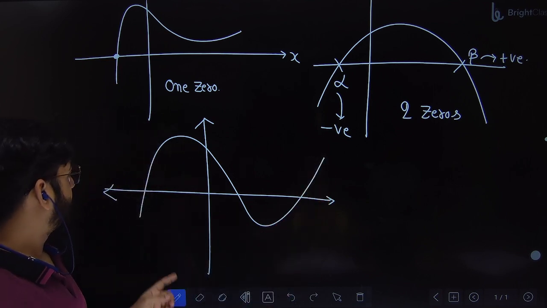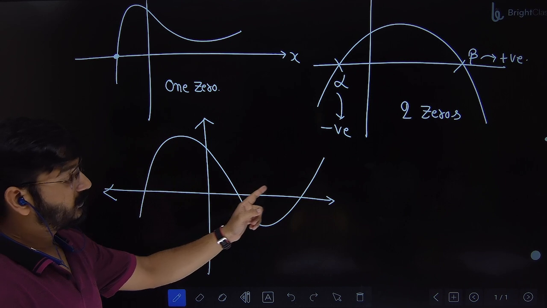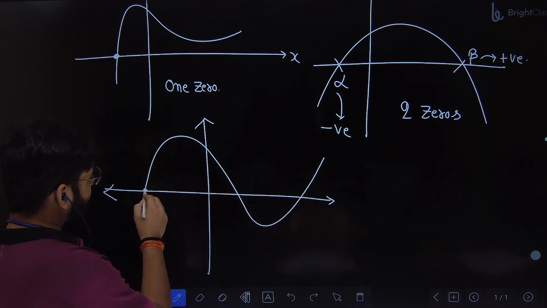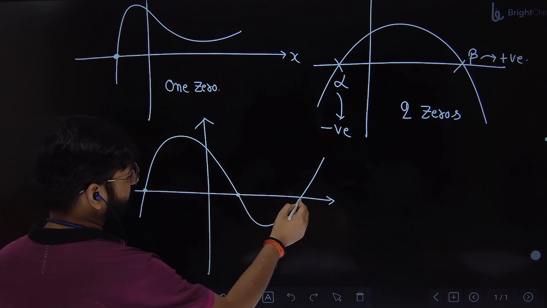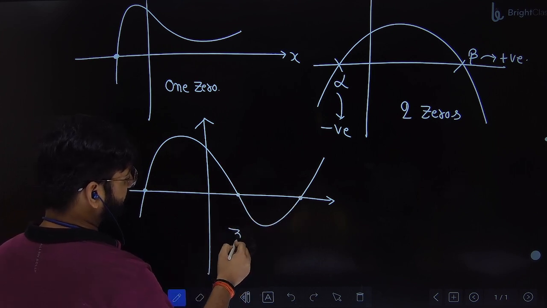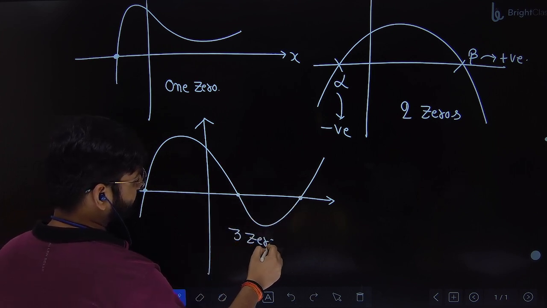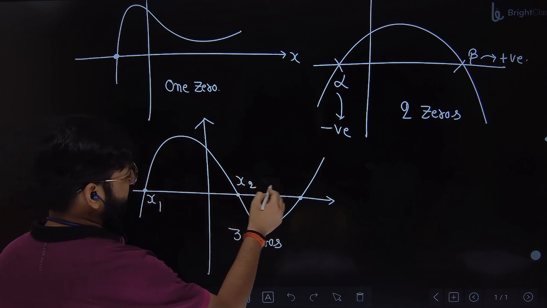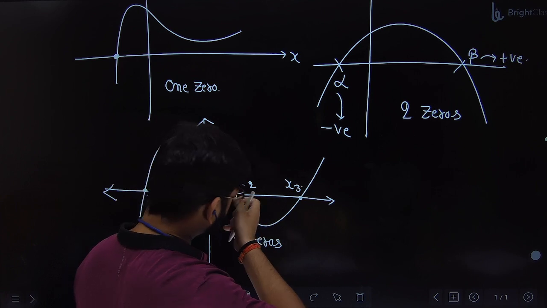How many zeros? 1, 2, 3. So the number of points at which graph intersects the x-axis is the number of solutions or zeros. So here we have 3 zeros. You can name x1, x2 and x3.